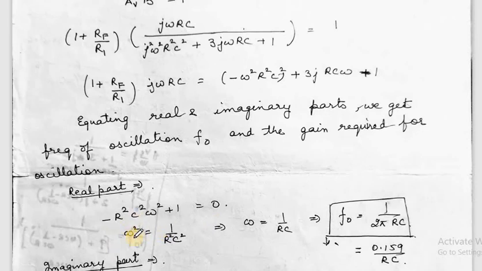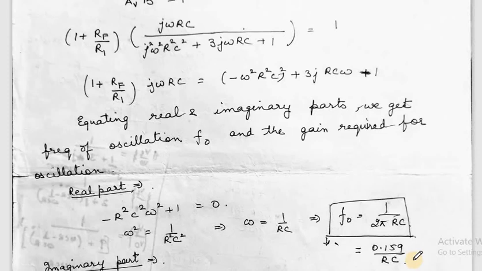On solving I get omega square equals 1 upon r square c square, or omega equals 1 by rc. In terms of frequency, I can write 1 upon 2 pi RC. Putting the value of 2 pi, I get F naught equals 0.159 upon RC. So this is the frequency at which this Wien bridge oscillator will oscillate.